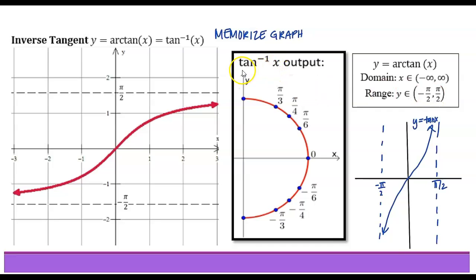So very similar to the sine inverse outputs, the tan inverse outputs are in quadrants 1 and 4. Again, they have to be those negative angle values down in quadrant 4, but they exclude pi over 2 and negative pi over 2. Those are not possibilities for tangent inverse.